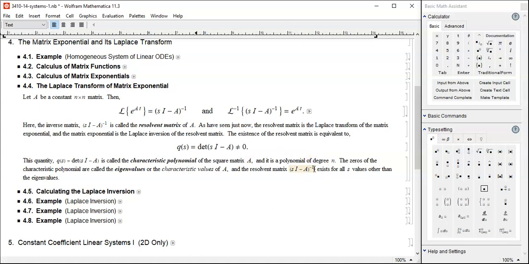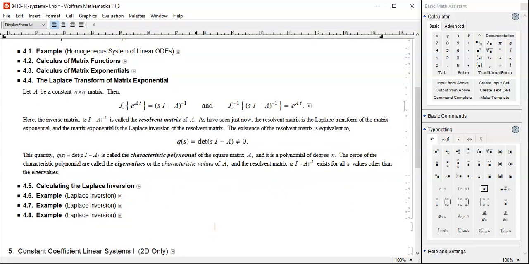So for eigenvalues, basically the denominator is becoming 0. Let me see, the one-dimensional analogy was kind of like this.